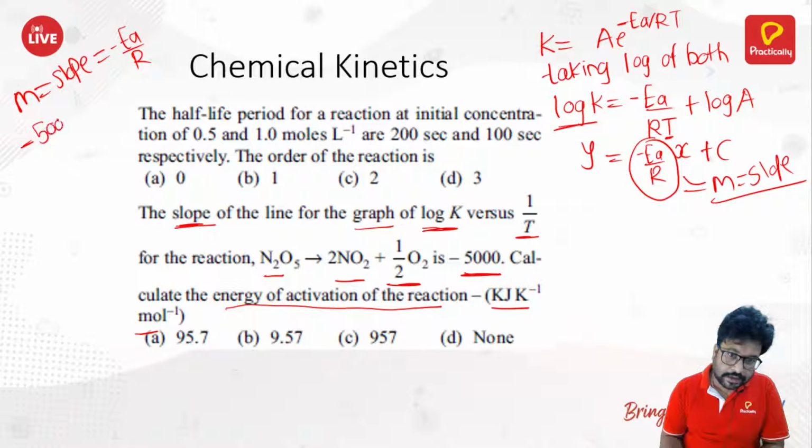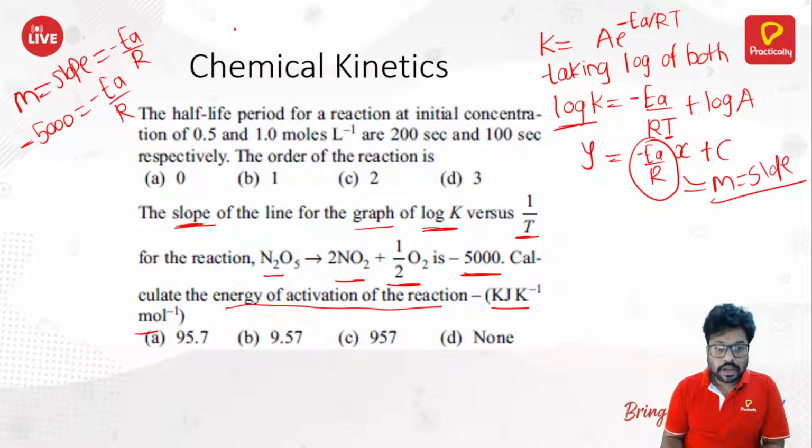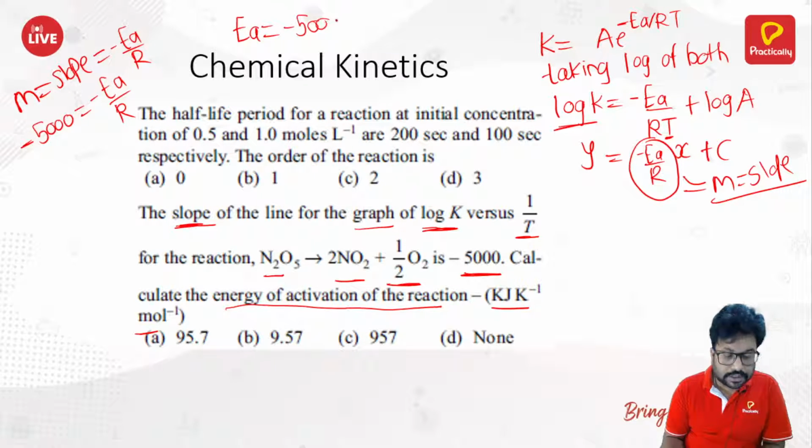So minus 5000 is equal to minus Ea by R, right? And what they have asked us to find out? The energy of activation, right? So how can we get the Ea? The Ea is equal to minus 5000 into R.